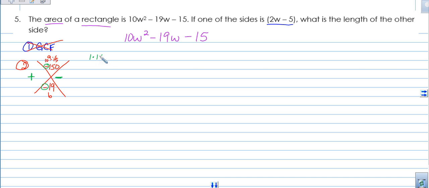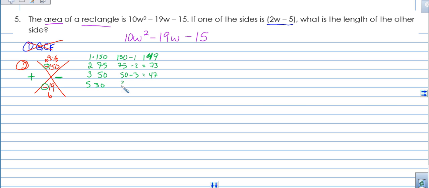So you have 1 and 150, and 150 minus 1 is 149. Well, that's not 19. Okay? So then you have 2 and 75. 75 minus 2 is 73. You have 3 and 50. So 50 minus 3 is 47. We're getting closer. Okay. 4 doesn't go in evenly. 5 and 30.